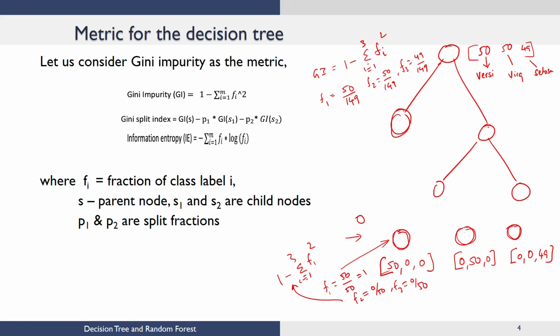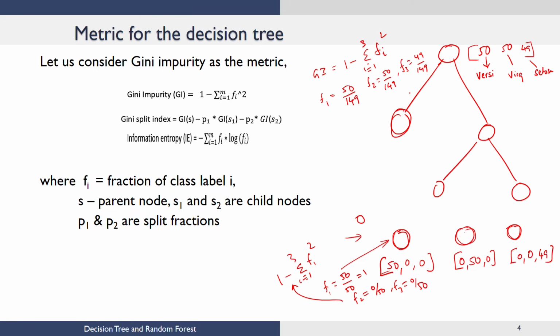So, once we have this Gini impurity, we are also going to discuss something called the Gini split index. Let us assume I choose some feature and then decide to split this data. What does it mean when I say I choose one feature and make this decision to split the data? We will see in the next slide, but for now bear with me.